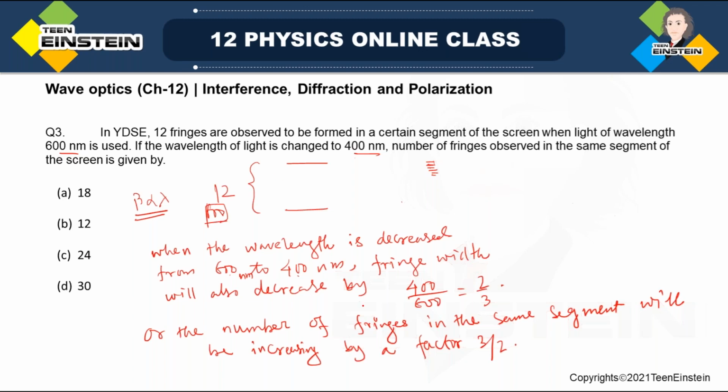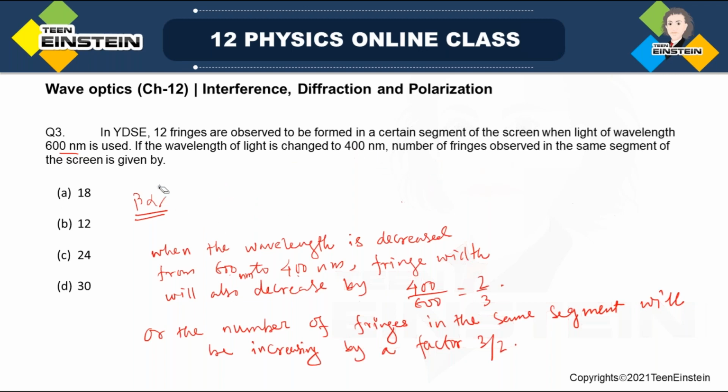So when I say that the fringe width decreases by a factor 2 by 3, then at the same time I can write that the number of fringes in the same segment will increase by a factor 3 by 2, because fringe width is decreased by that particular factor.